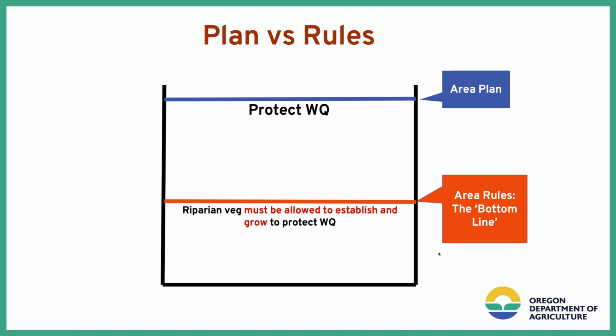Well, it may be 20 or 30 years before the vegetation is sufficiently large or dense enough to actually protect water quality. So the gap there is that voluntary part that landowners can do to help work towards having their land be protective of water quality. So the rules only get us so far, and after that, it's all those other activities that landowners do, which of course soil and water conservation districts are perfectly poised to help with.